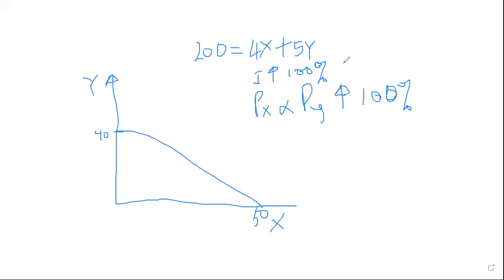Nothing has changed in your life. If you act as if you have more income now, or as if something has changed in your life, then you'll be suffering from money illusion.